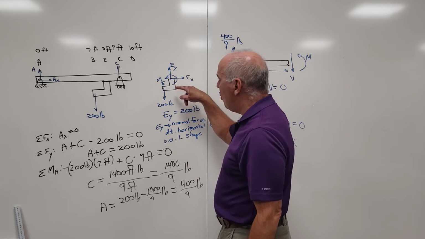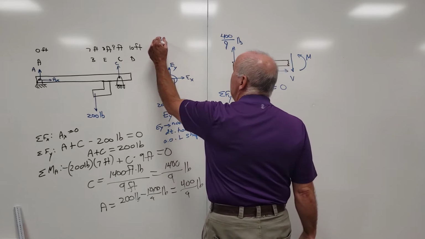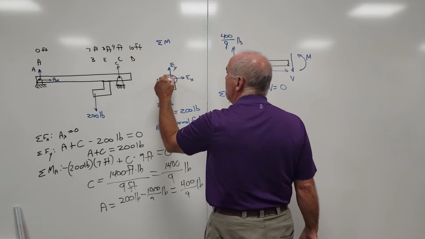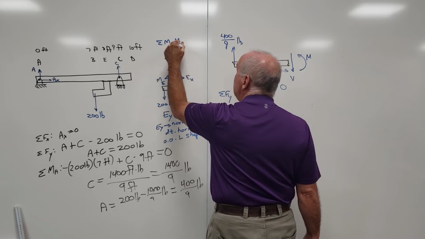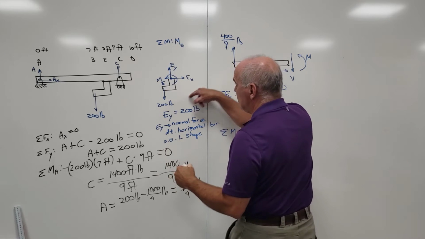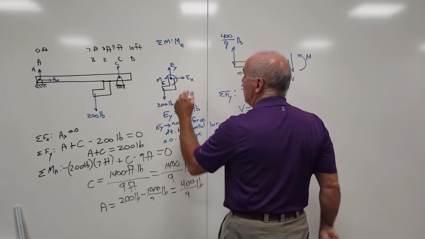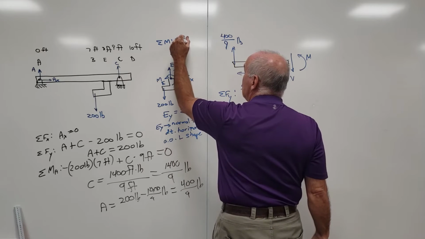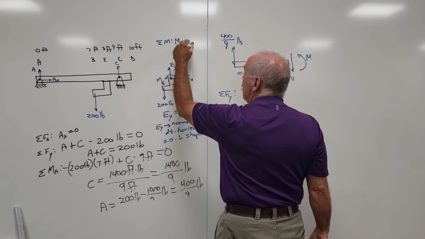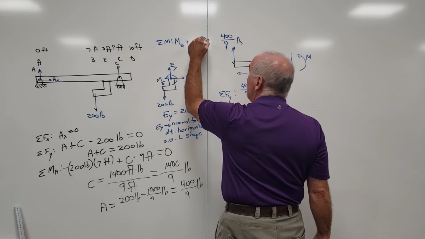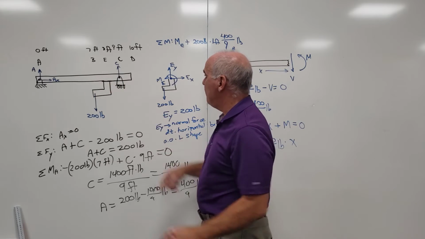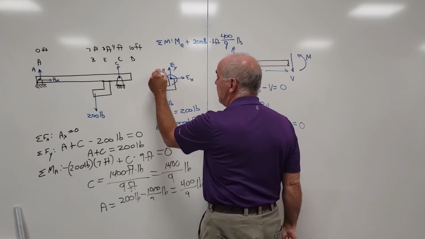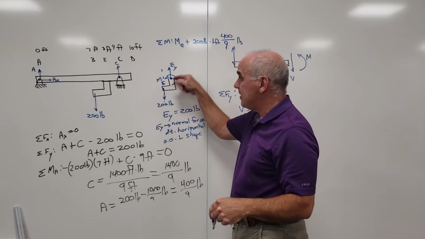And then there's going to be a moment, M sub E, and when I do the sum of the moments, I'll do them about this point right here. I'm going to have M sub E, and then this is trying to rotate things in a counterclockwise direction, so plus 200 pounds times 1 foot. Because keep in mind that distance from here to here is 1 foot, so when I bring up the line of action of the 200 pounds, I don't care about this diagonal.